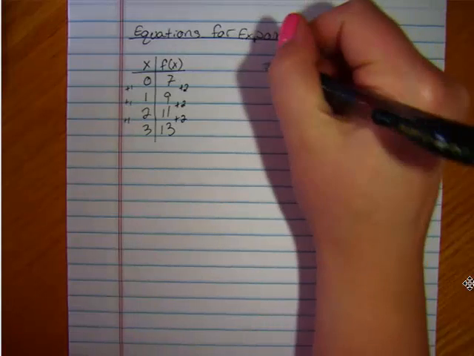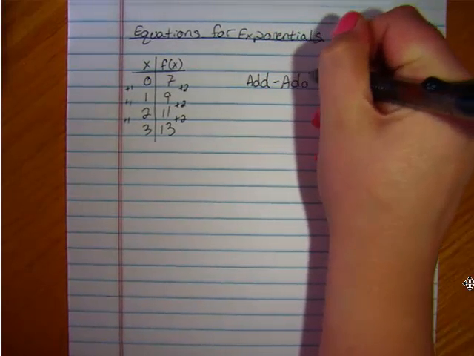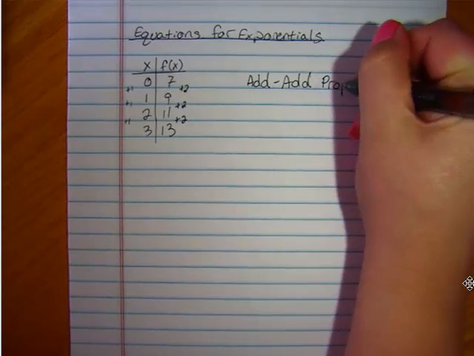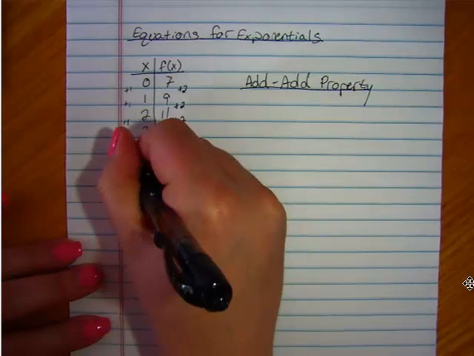So if we get something like this, where we're adding on the left side and adding on the right side, this is called the add-add property. And this is always linear.